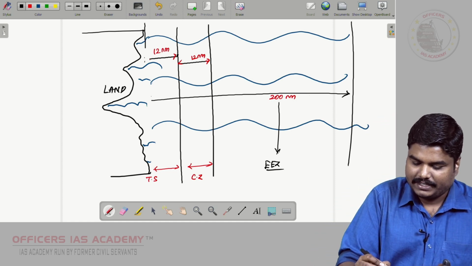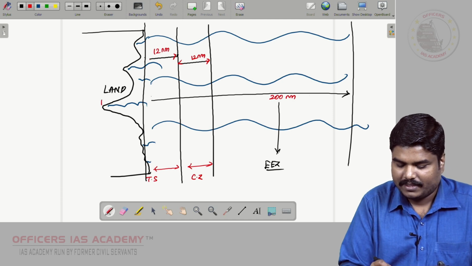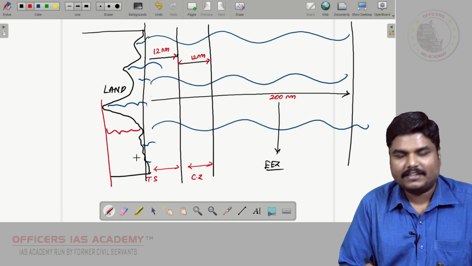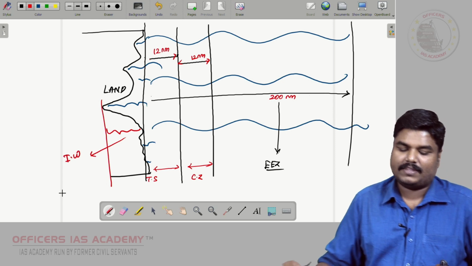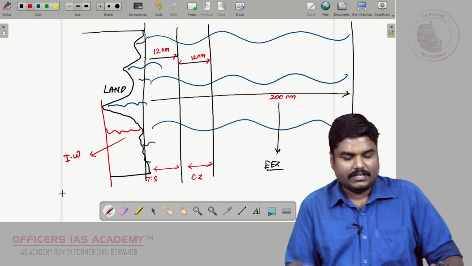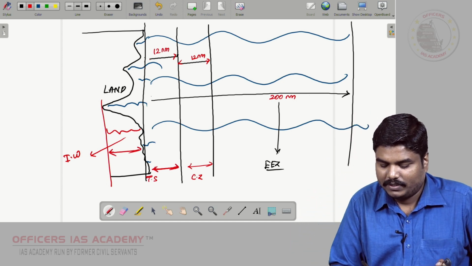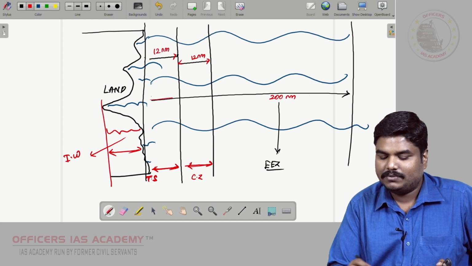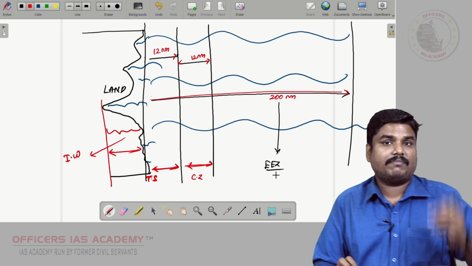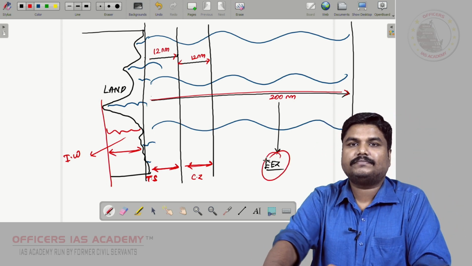This region we are calling internal waters. So this region is internal water, this region is territorial sea, this region is contiguous zone, and 200 nautical miles from the shore we are calling the exclusive economic zone.